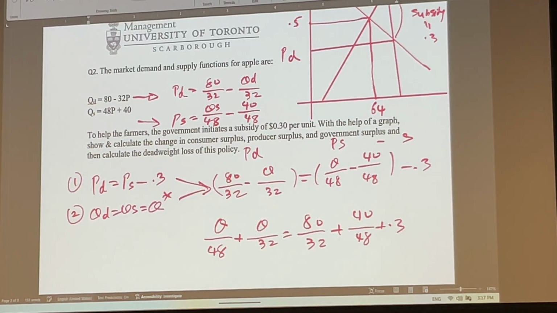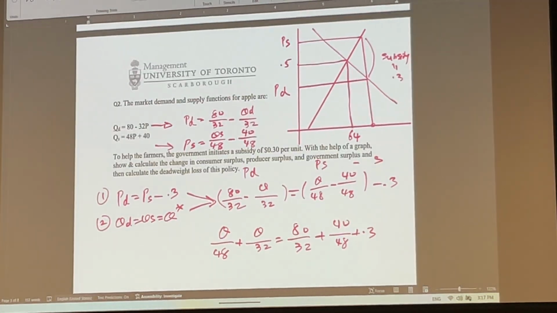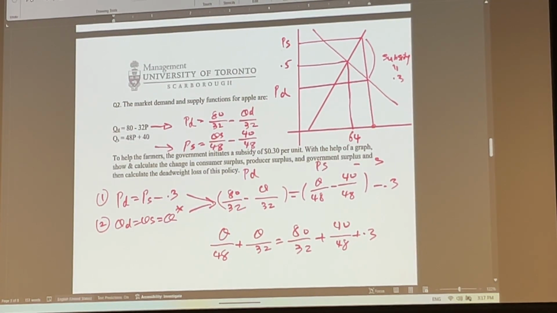So what would be the equilibrium? It would be higher than 64, you can see it there. What's the post-subsidy equilibrium? You can see on the graph, that would be higher than 64.